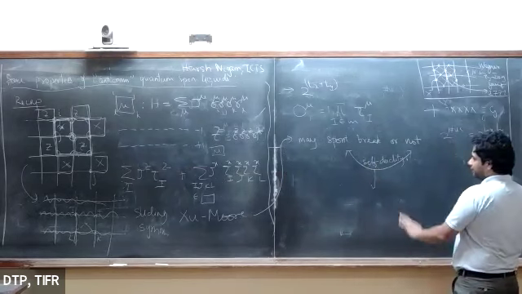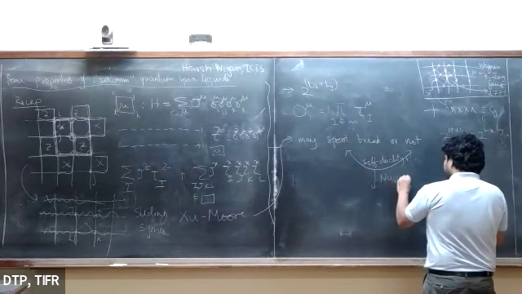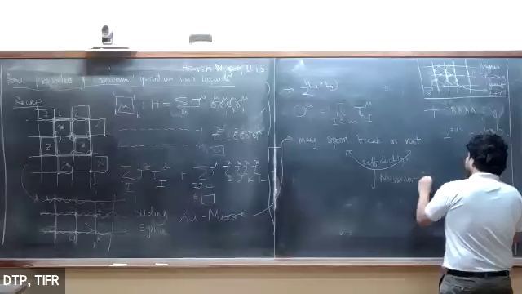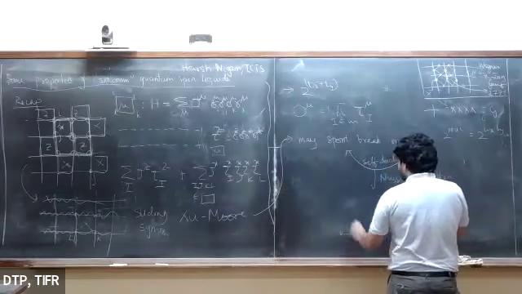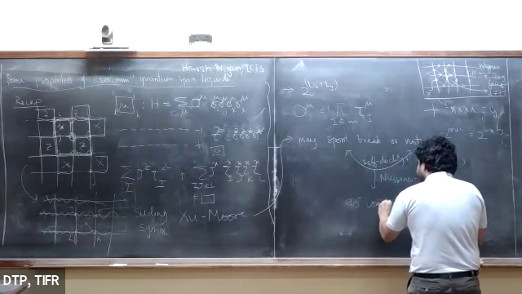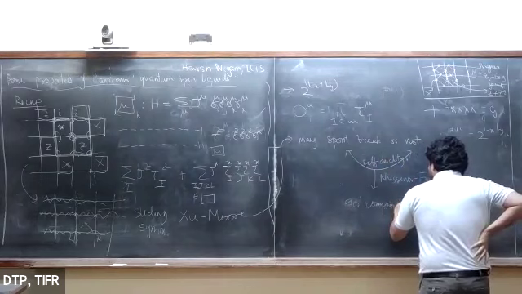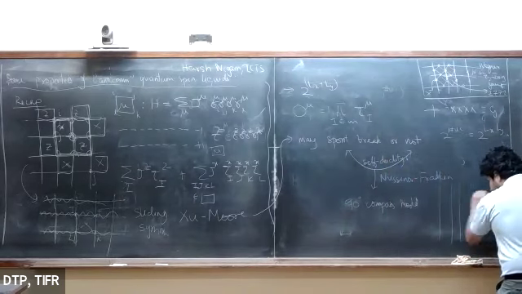There's furthermore one additional result which was worked out by Nussinov and Fradkin. They can map this model to what is called a 90-degree compass model. The 90-degree compass model is you take a square lattice.